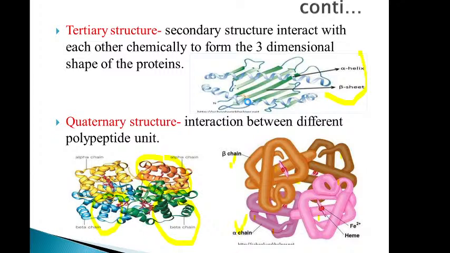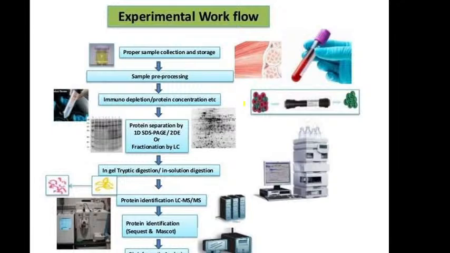Then after it, this is the workflow, the pattern of study, how to do the whole thing in proteomics. First of all, we have to do the protein sample collection and storage. Then we have to do the processing of these samples. The samples we have collected may be from blood, from muscles, from anywhere.